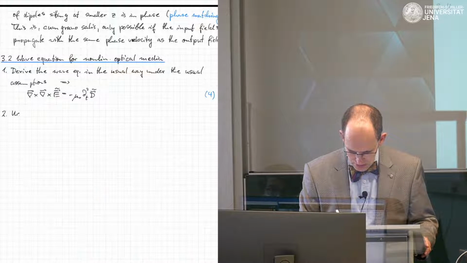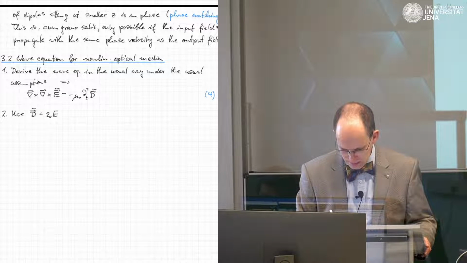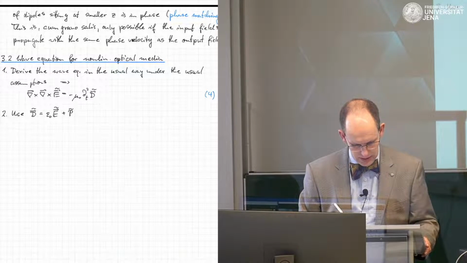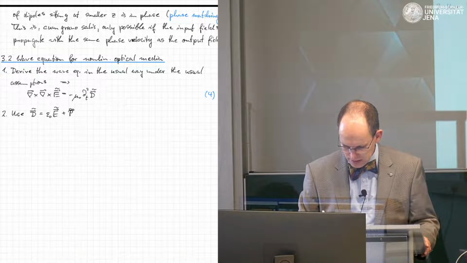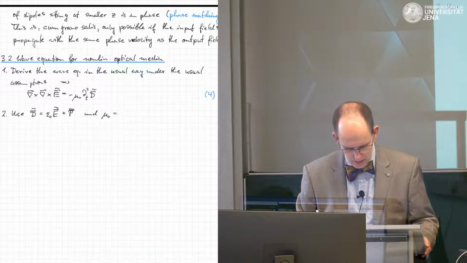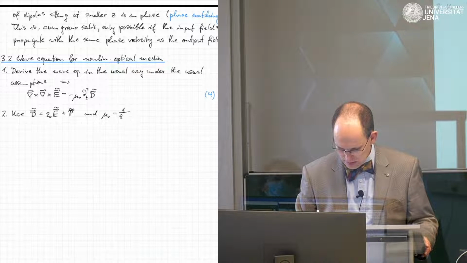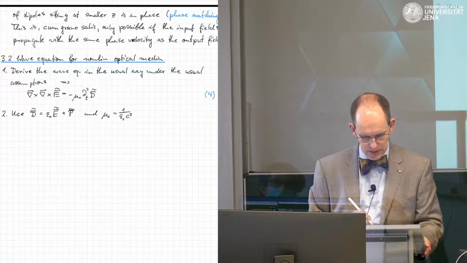So we use that the D field can be written as epsilon 0 times the E field plus the polarization, right? And in addition, we use the dispersion relation. Yeah, so mu naught is 1 over epsilon 0 times c squared.